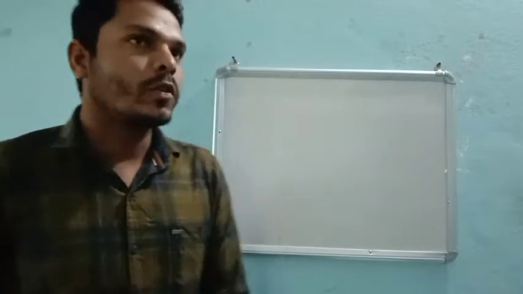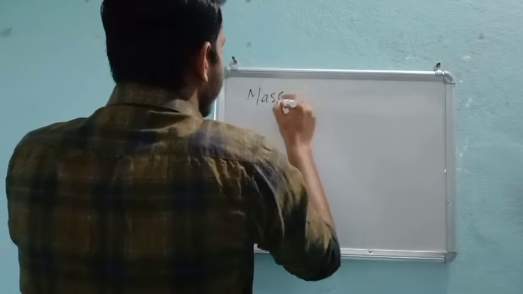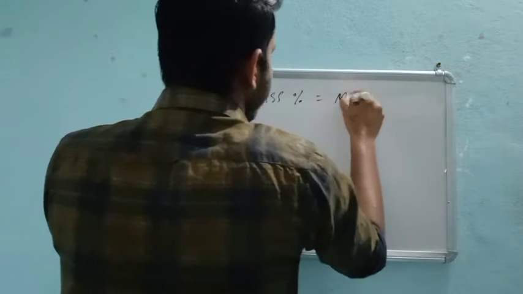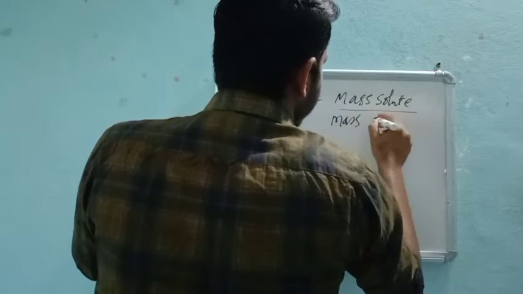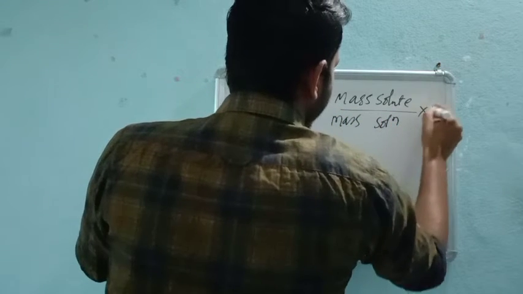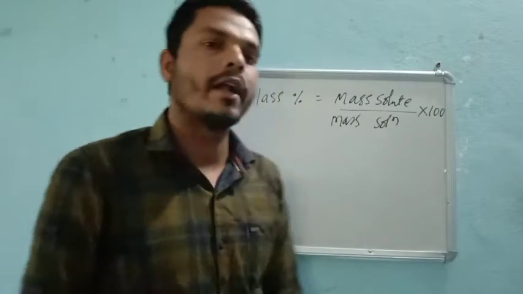So mass percentage, I will directly write the formula: mass percentage is equal to mass of solute divided by mass of solution into 100, since we are seeing it in percentage.